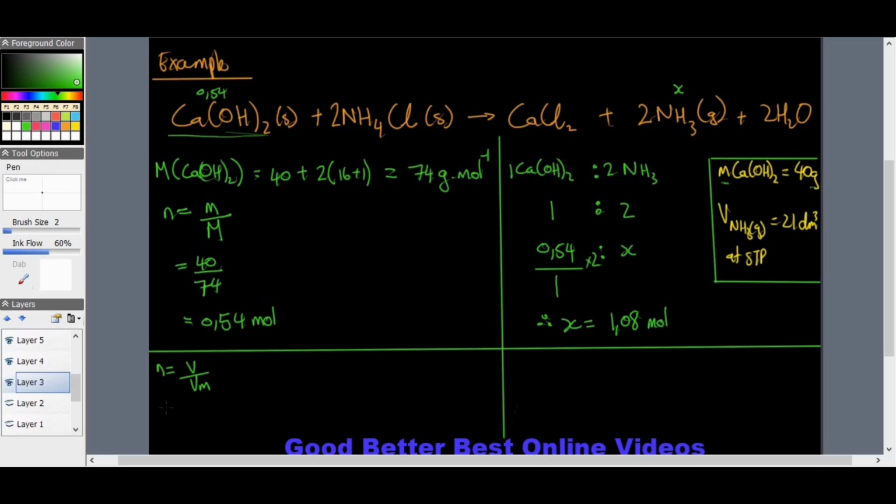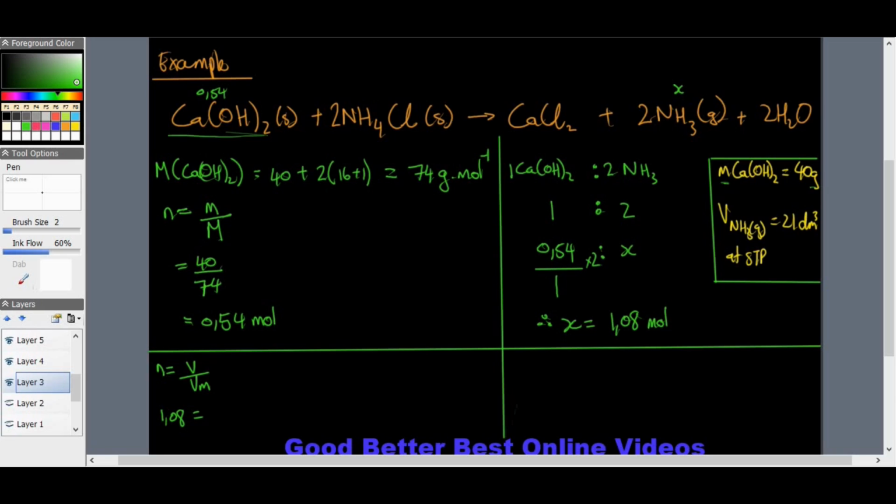Now, I've got 1.08 as the number of moles. The volume is 21, sorry, not 21, let me take that away. It is found that only 21 decimeters cubed of pure ammonia was produced.